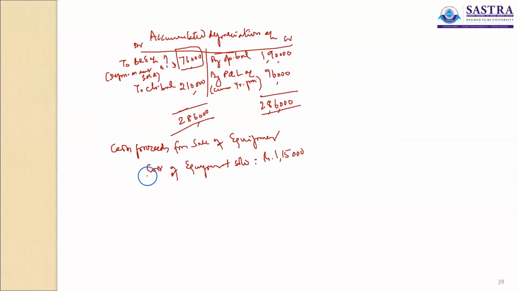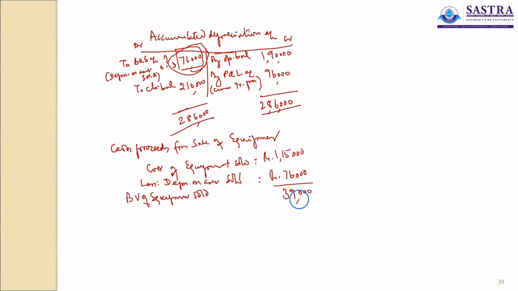From this, less depreciation on assets sold, which is rupees 76,000, what we have calculated here. So the balance should be 39,000, which is the book value of equipment sold, that is after adjustment. This is the worth of the equipment.